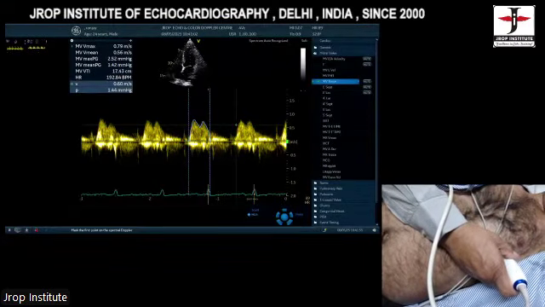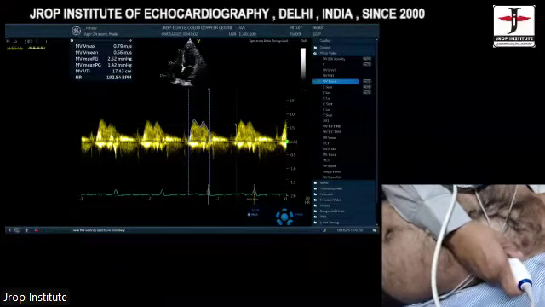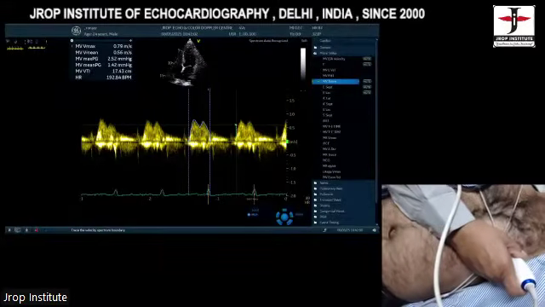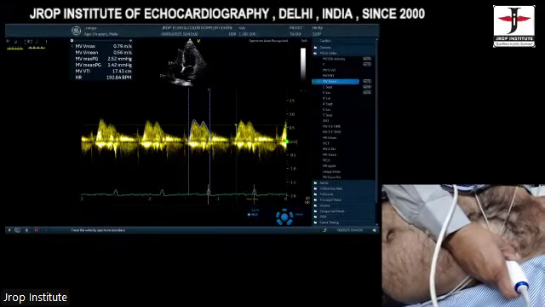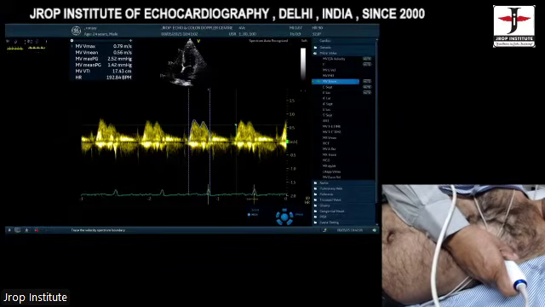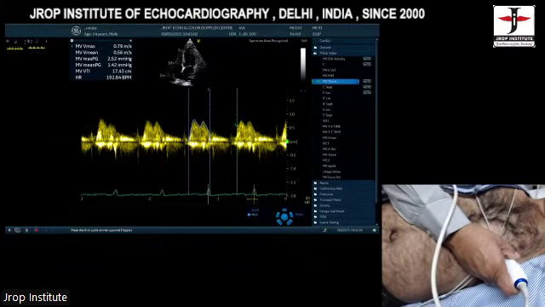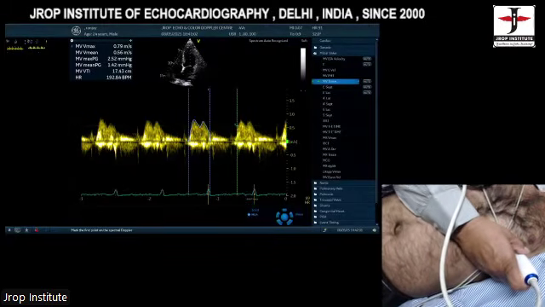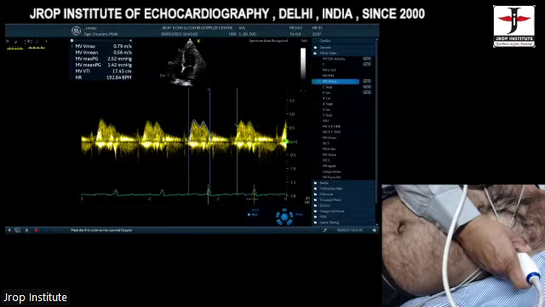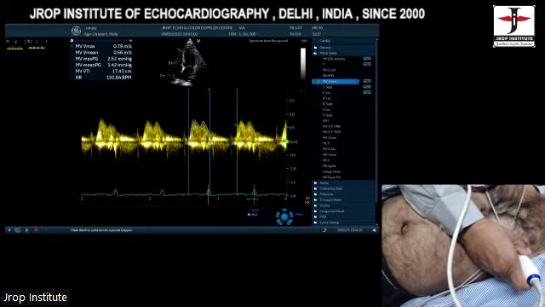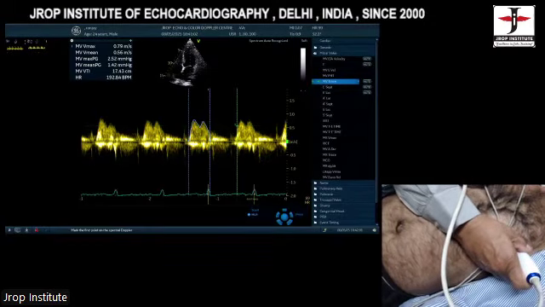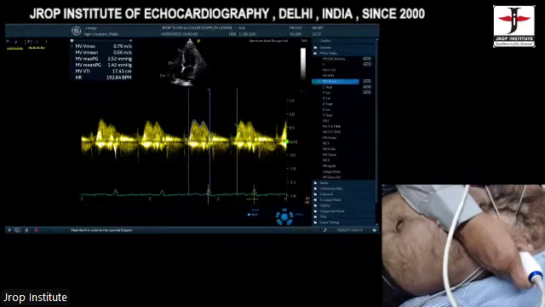Now look, my heart rate will come out correctly. It's not 192. This is a little wrong as far as this evaluation is concerned, but you can get the heart rate at the same time. So when we talk of peak and mean gradient, whether it's mitral, aortic, tricuspid, or pulmonic, we just trace the Doppler spectrum pattern to get the peak and mean velocity time integrals.